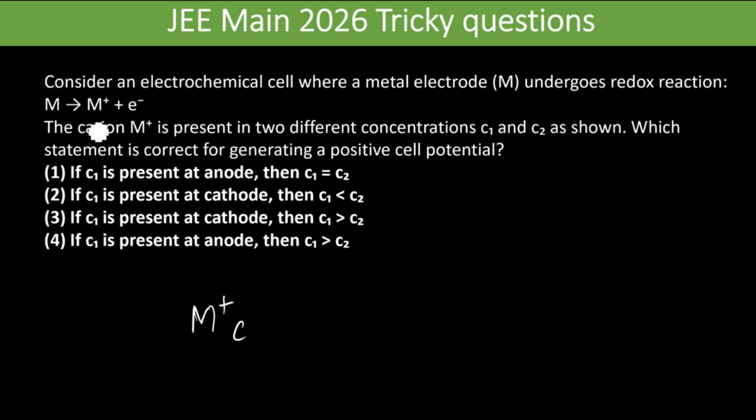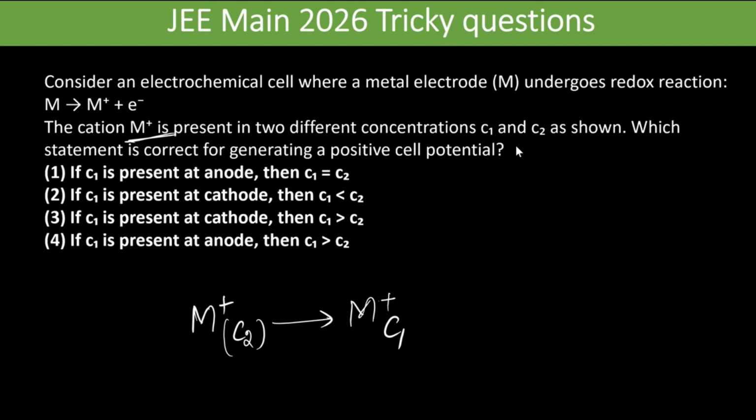So for positive cell potential, M+ of C2 gives M+ of C1, because cation M+ is in 2 different concentrations. Positive means C2 has to become C1, right?